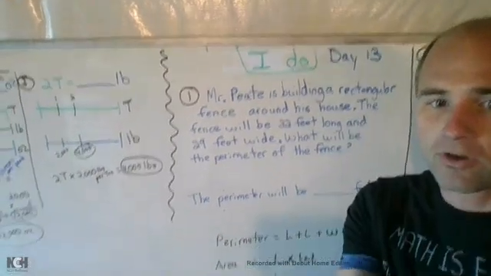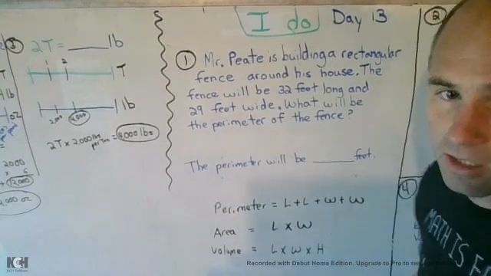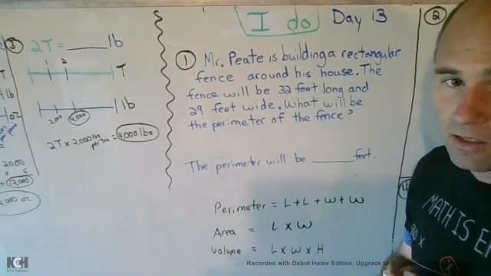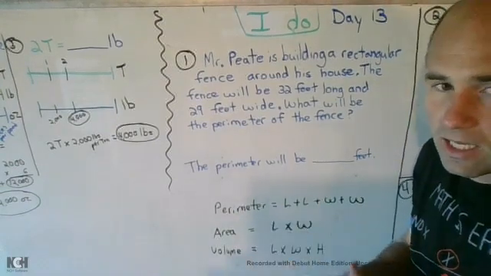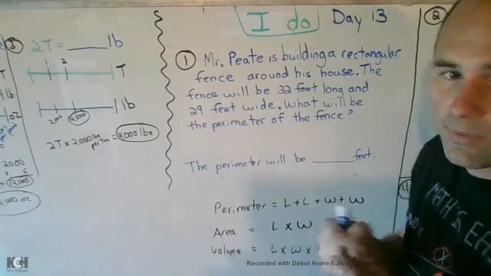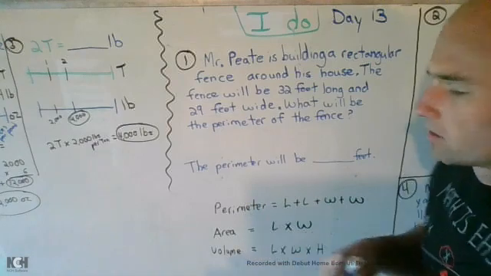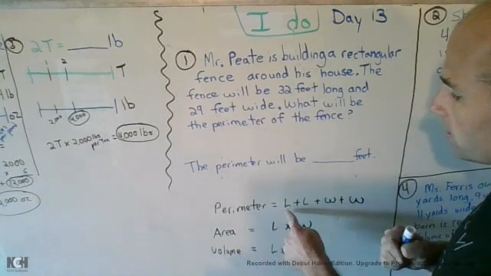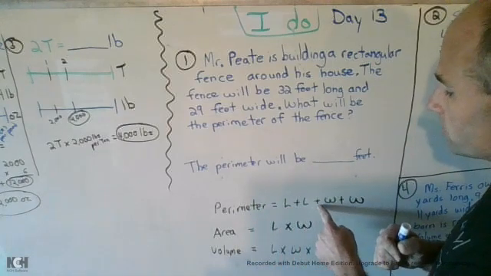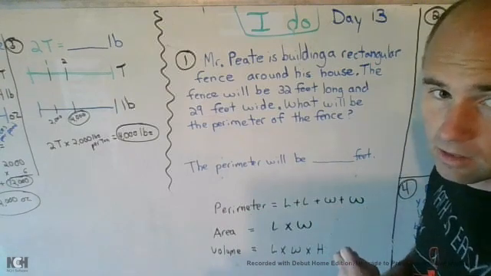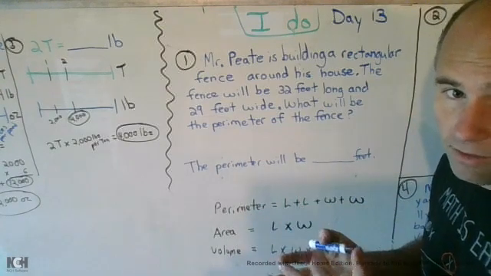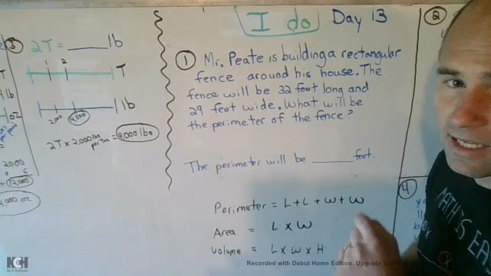Well, first off, let me show you the formulas used to help me solve these 3 types of problems. So I think the first 2 you should be pretty familiar with. Perimeter equals length plus length plus width plus width. That's my perimeter. Okay? Area is length times the width.